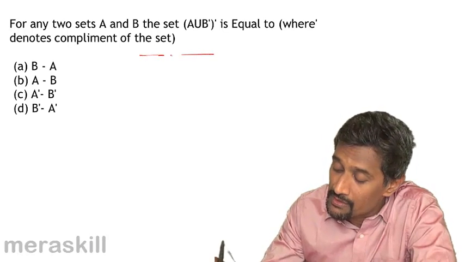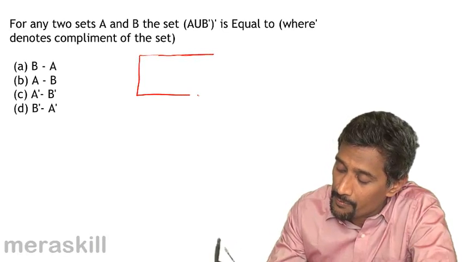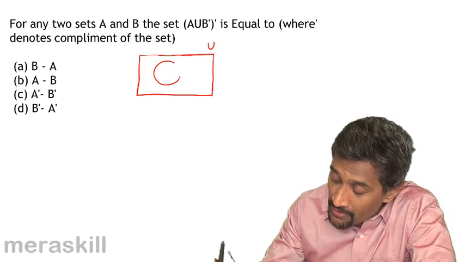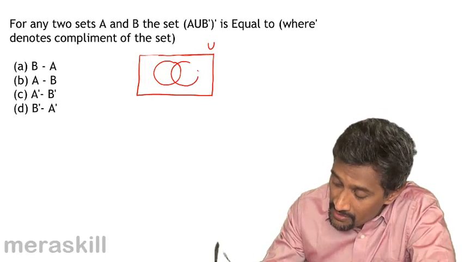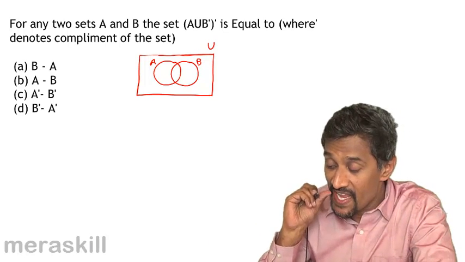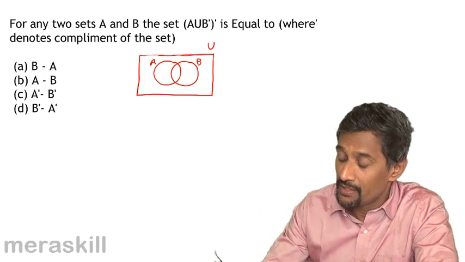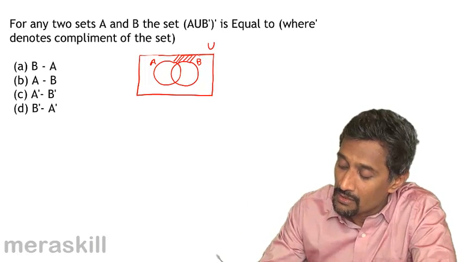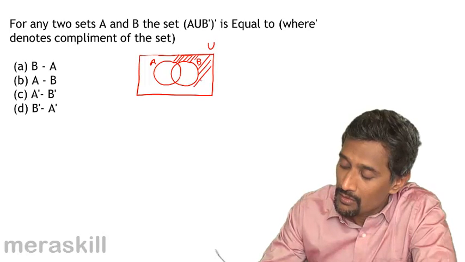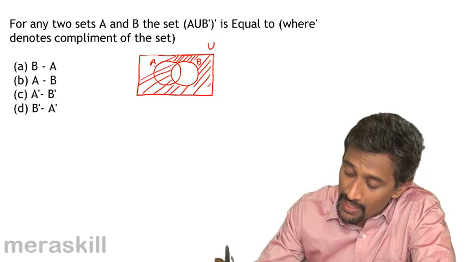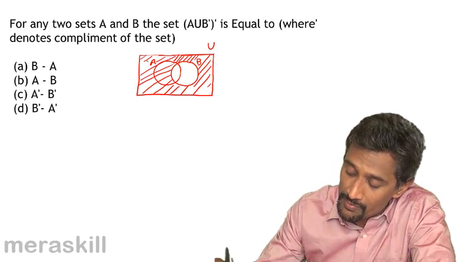We have this representing the universal set U, and you have A here and B here. Now we need to see A union B dash. B dash is everything outside B, that is this part.